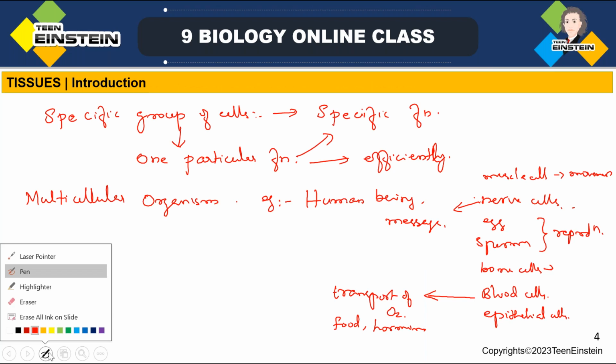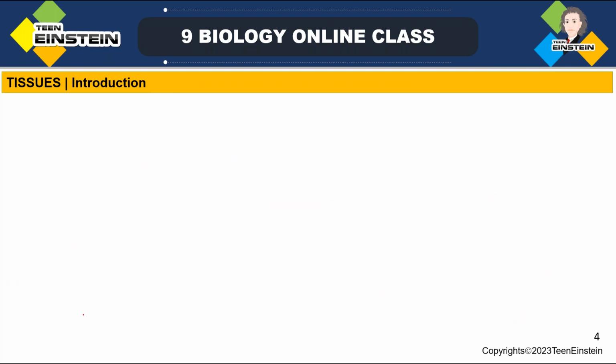Next, this is in the case of animals. What about plants? In the case of plants, we can say vascular tissues or vascular bundle.